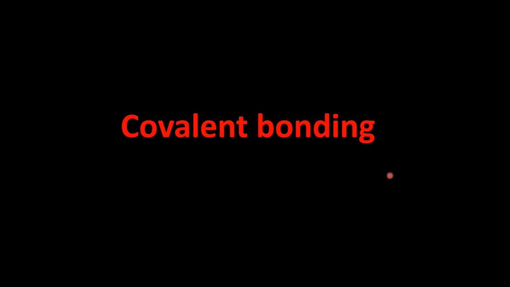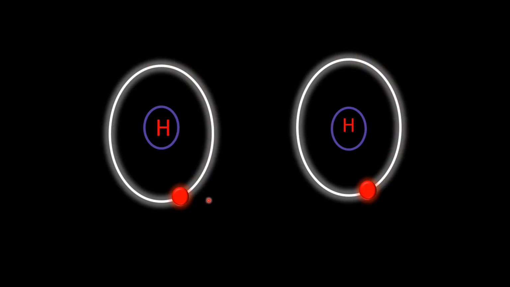So here we take an example of the hydrogen atom. We know that a hydrogen atom has only one electron in its 1s orbital, so it needs one more electron to complete its shell.